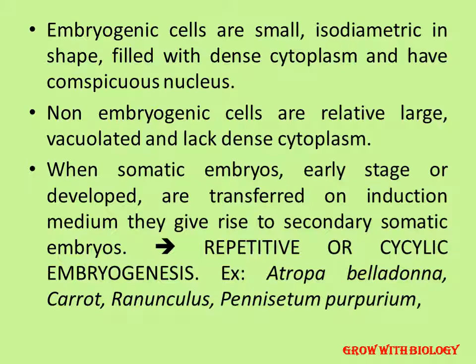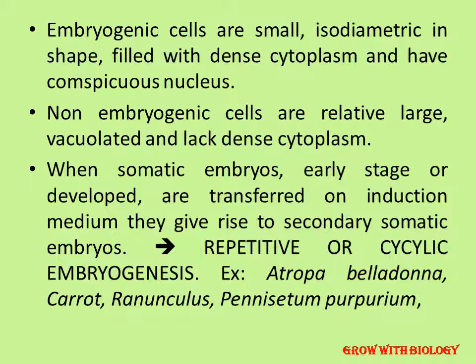Now another property is repetitive or cyclic embryogenesis. This is found in Atropa belladonna, carrot, ranunculus and Pennisetum purpureum. When somatic embryos in the early stage of development are transferred to induction medium, they give rise to a secondary somatic embryo.